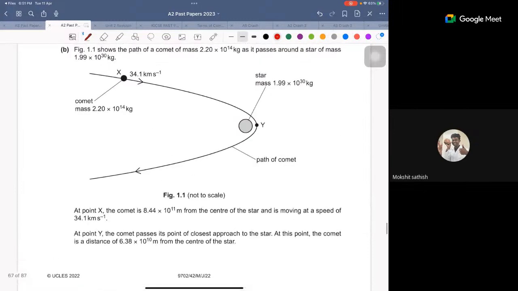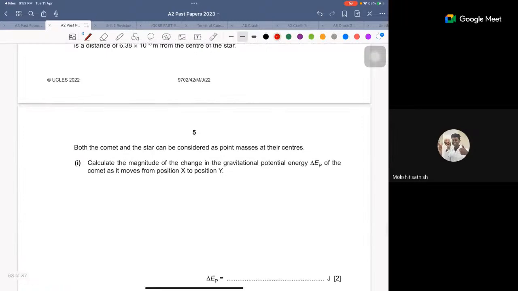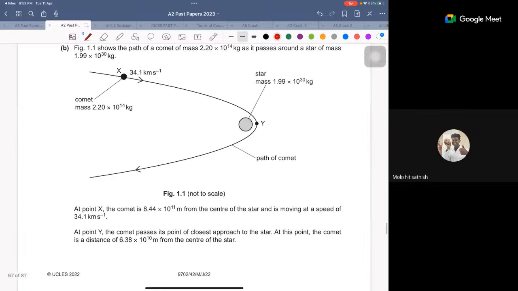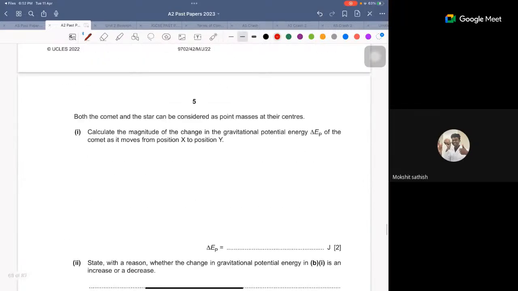This is the path of a comet. It's going, coming back, whatever. Calculate the magnitude of the change in gravitational potential energy as it moves from X to Y. Interesting. You have the speed, the mass, your star mass, right? We've got to find the change, so I think it's better to use the same equation, GMm over r.